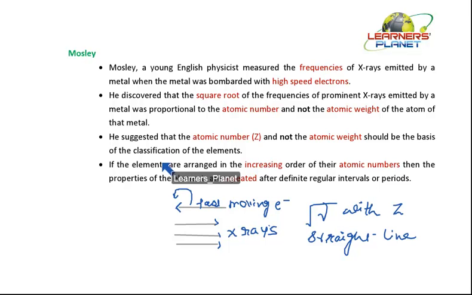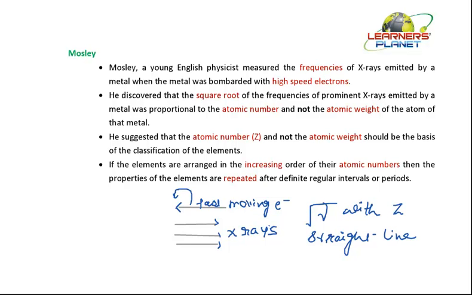He suggested that if the elements are arranged in the increasing order of their atomic numbers, then the properties of the elements are repeated after definite regular intervals or periods. So he suggested arranging the elements in the order of their increasing atomic numbers and not their weights, which Mendeleev did.